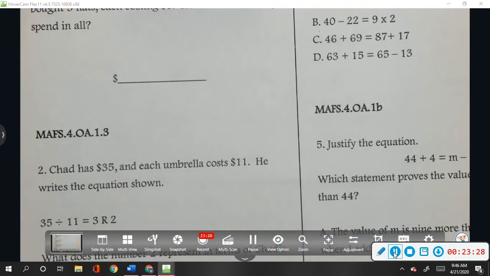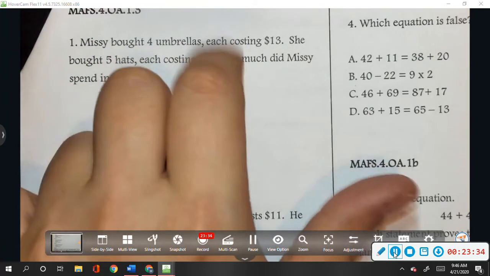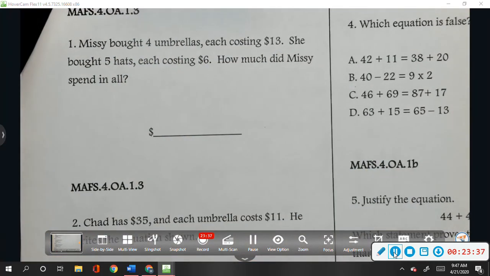Alright. Almost done, guys, for our Tuesday. Don't forget, tomorrow we're starting a new lesson. And so you're going to have to make sure you have your math journal tomorrow, because we do have some vocabulary we're going to be going over.